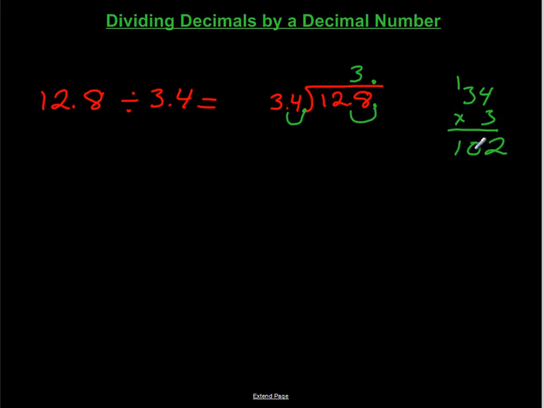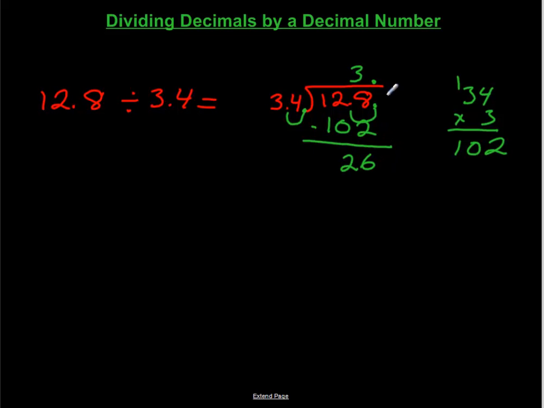So my answer here is 102. I write down 102 here, and I subtract. 8 take away 2 is 6. 2 take away 0 is 2. 1 take away 1 is 1. So we have 26.